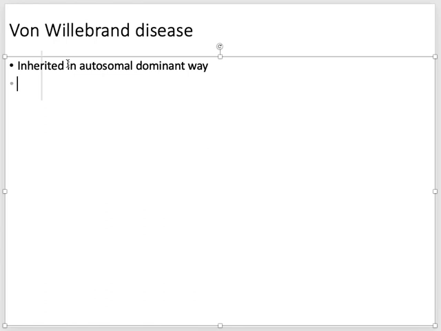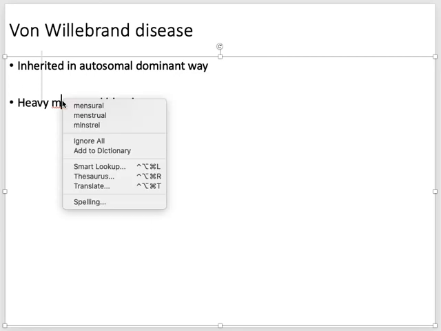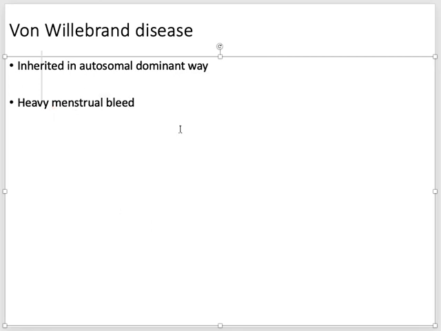Most commonly, women are diagnosed with this condition, because they have heavy menstrual bleeds, and then they are diagnosed with this type of condition.